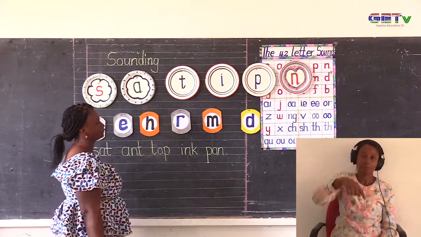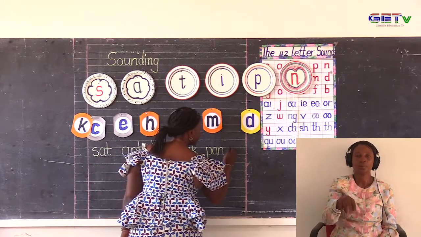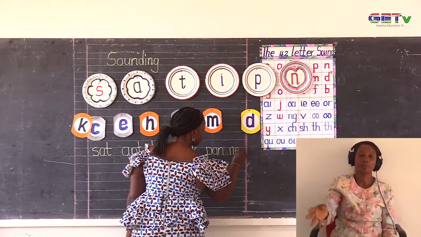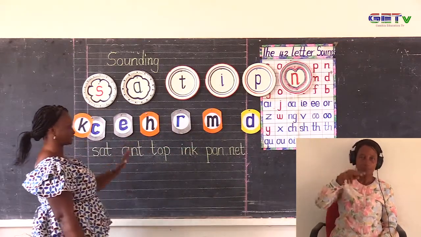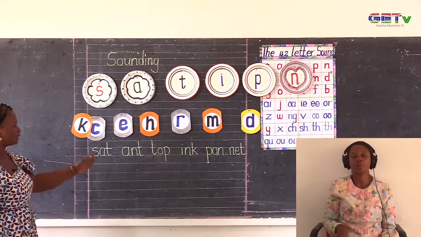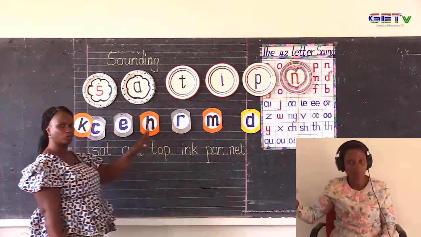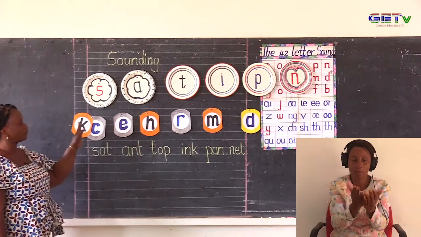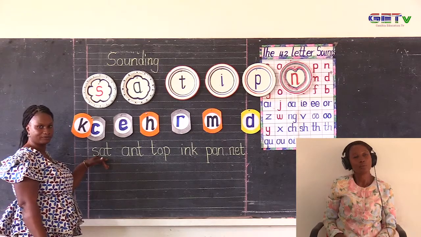Now we move N. Let's say net. The initial sound here is N. Now looking at these words, you realize that all the sounds we've learned in book 1, you have the words being formed here.